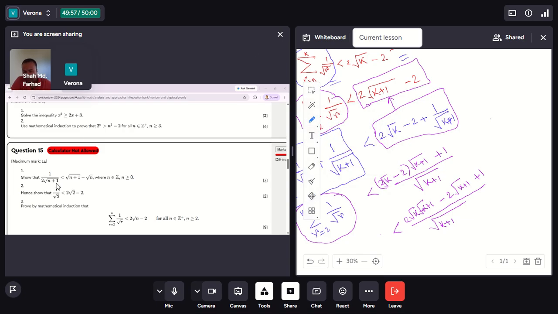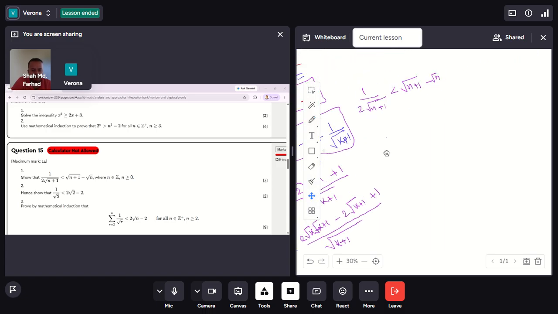If we look at question number 1, we are given: show that 1 over 2 root n plus 1 is less than root n plus 1 minus root n.